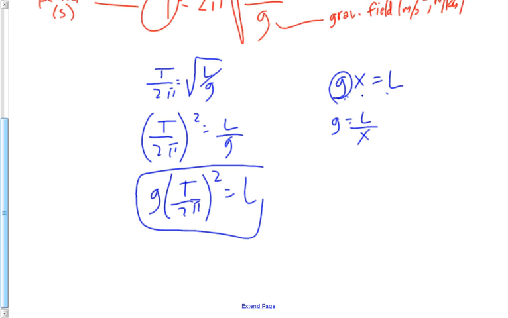All we're saying there is that X is T over 2 pi squared. So it becomes G equals L over X, or L over T over 2 pi squared. That looks really ugly, right? But it's right.